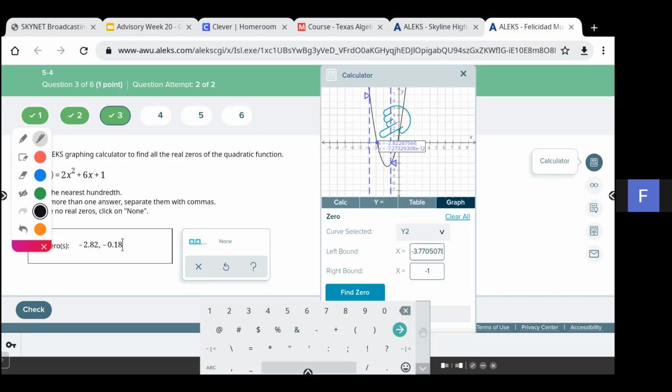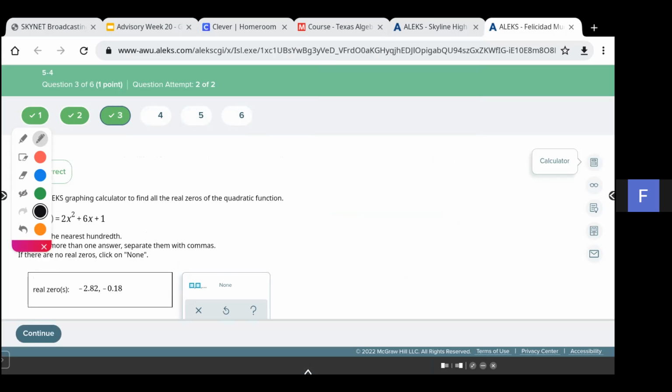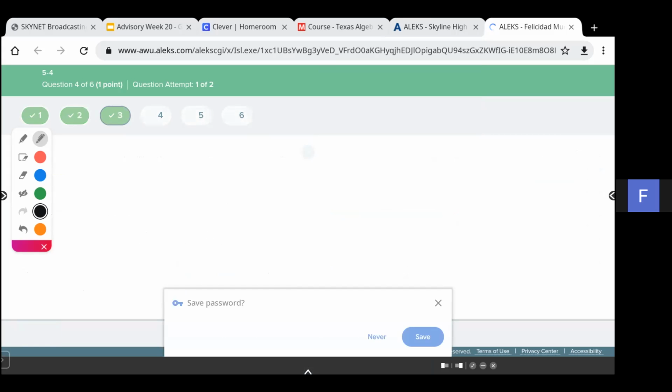And I'm going to hit check. And so that is another way to go ahead and do it. I do highly recommend using the Desmos calculator at home, or just maybe actually having a mouse will help out a bit on this one.